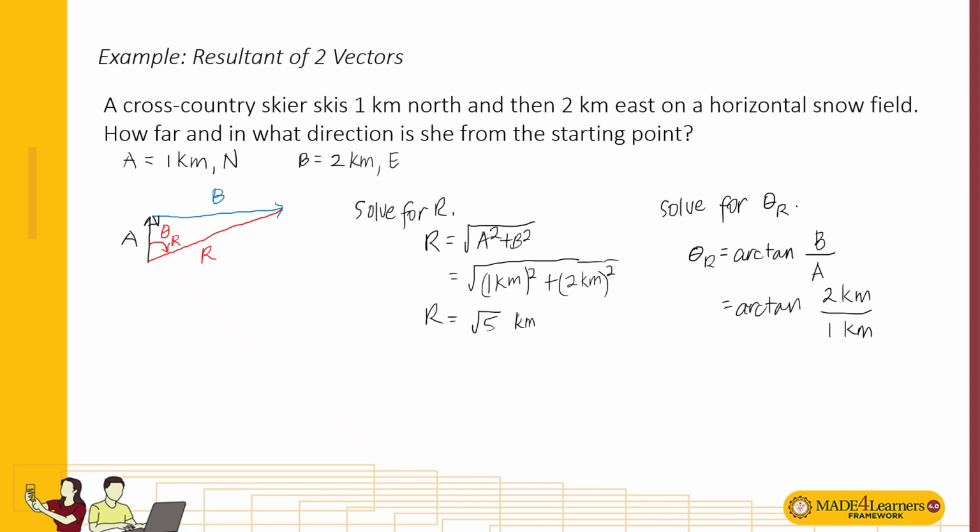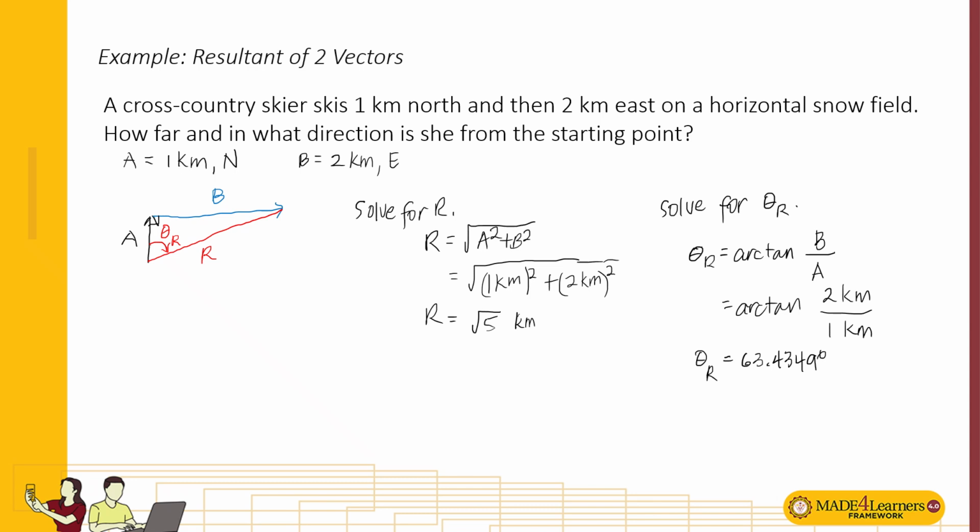So it's arctangent of 2, or 63 if we round it off to 4 decimal places: 63.4349 degrees. So make sure to check the mode of your calculator, if it's in degrees.